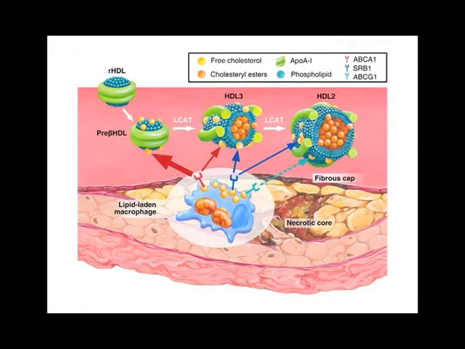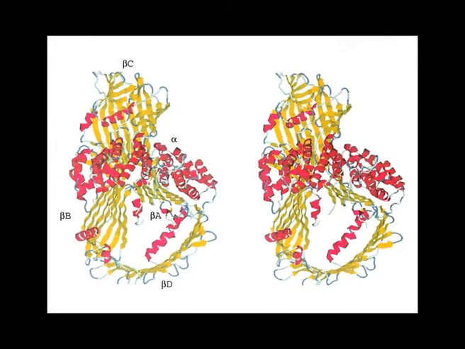The major apolipoproteins of HDL are designated A. The main apolipoprotein of LDL is apolipoprotein B, B100, which is found also in VLDL.